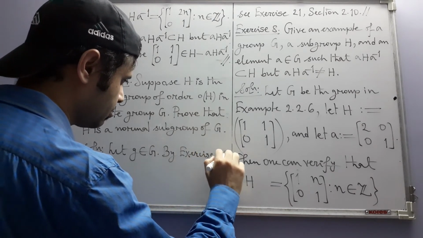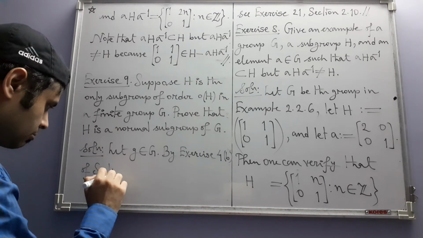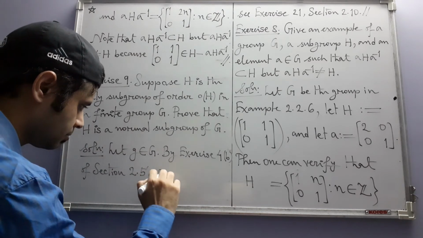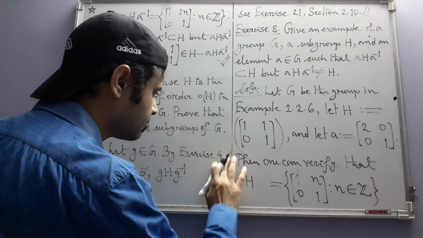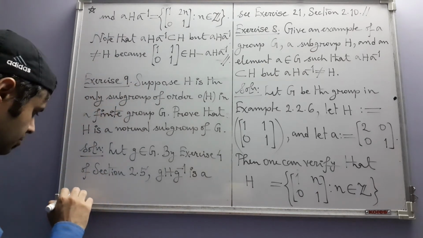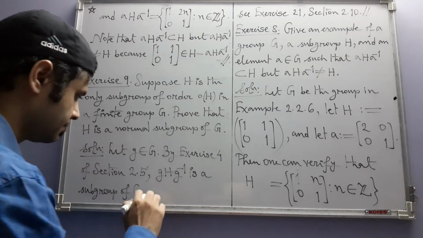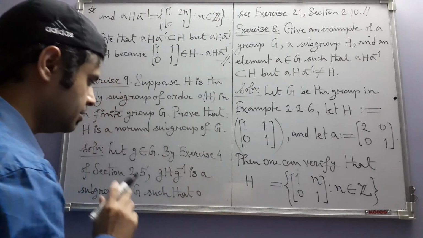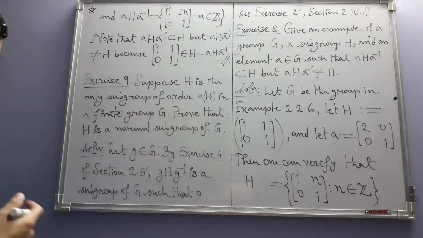By exercise 4B of section 2.5, we know that g H g inverse, or if you want you can include the entire exercise 4, g H g inverse is a subgroup of G such that, since G is finite, in fact it has order of H and it's a subgroup of a finite group, so it must also be finite.